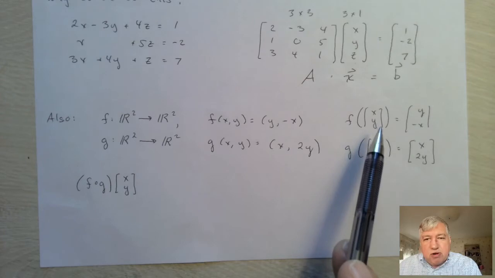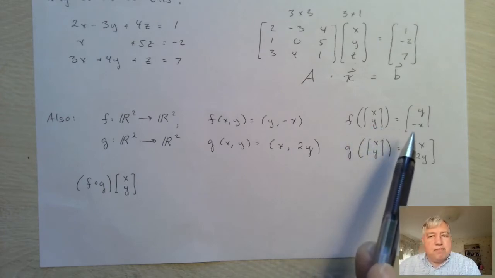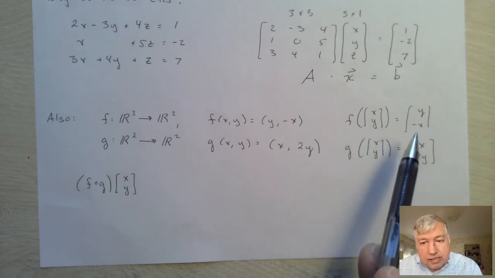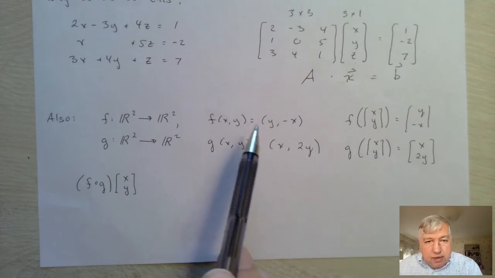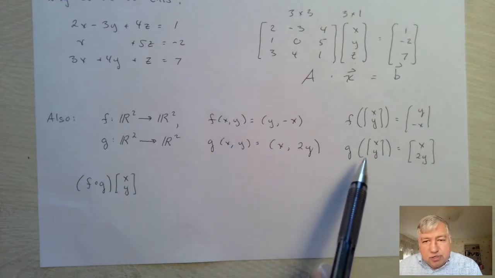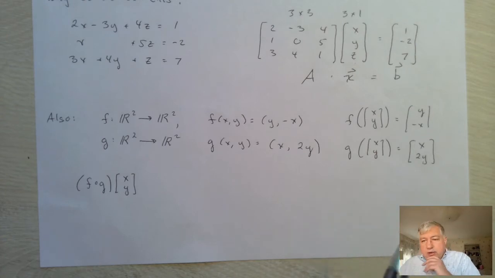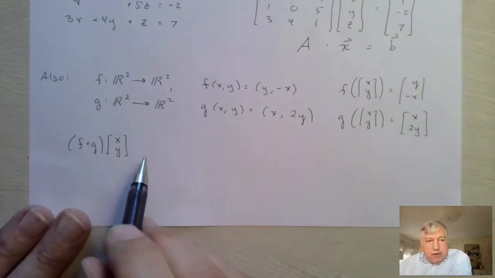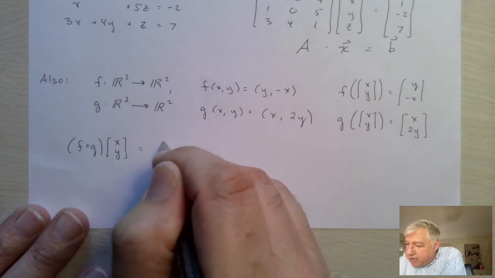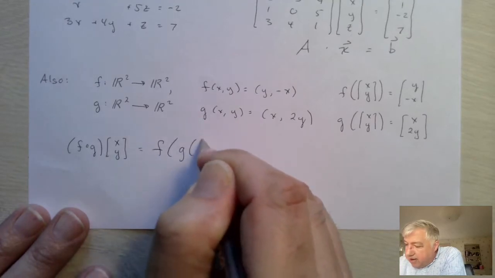This actually corresponds to a rotation through 90 degrees clockwise. And then g sends the column vector (x, y) to (x, 2y). And if we were to compose these, f of g of (x, y), well, this is the same as f of g of (x, y).